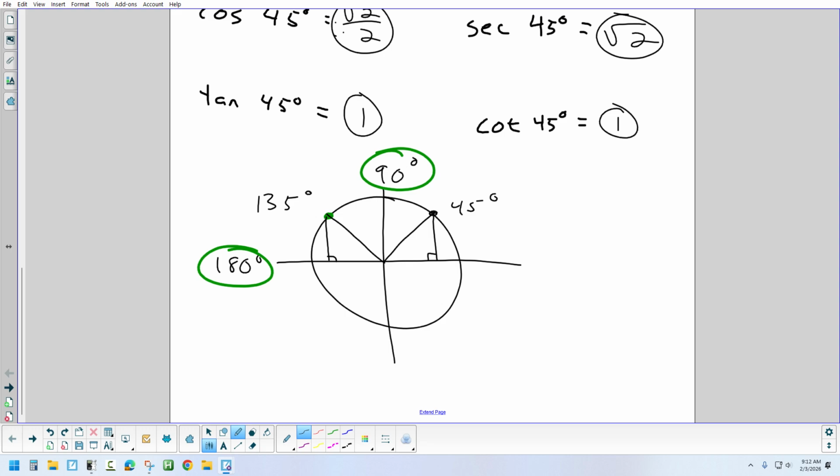No. This side is still root 2 over 2. This side is still root 2 over 2. But the difference is we're going left and up. So what happens when you go left and up versus right and up? You put a negative on the x. So now if you wrote down negative root 2 over 2, comma, positive root 2 over 2, you could do exactly the same problem for 135.